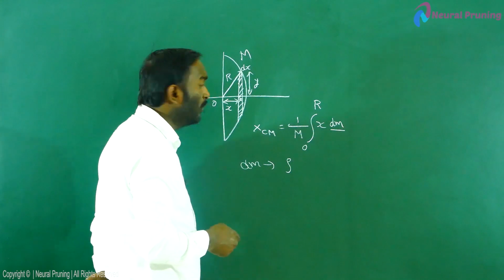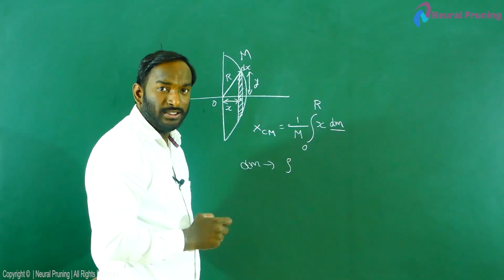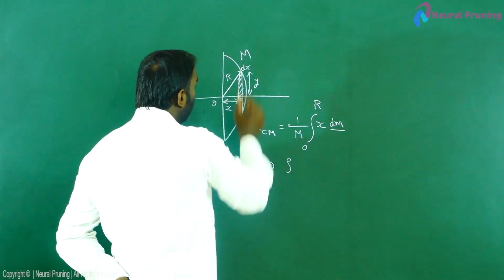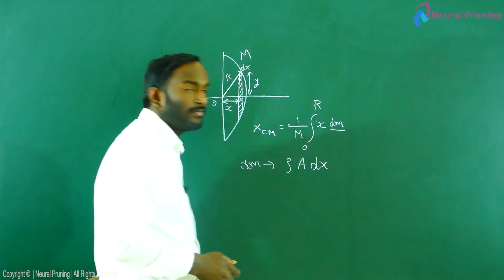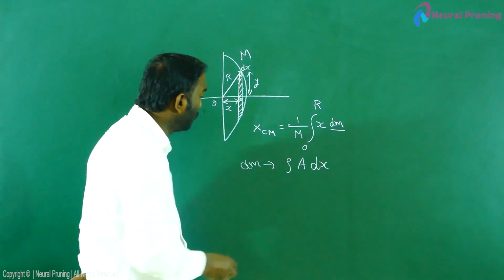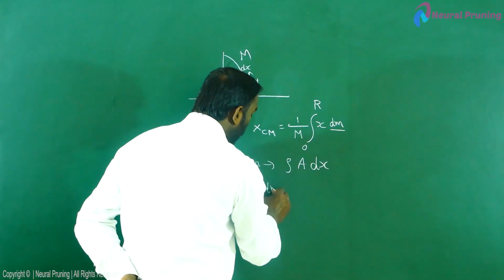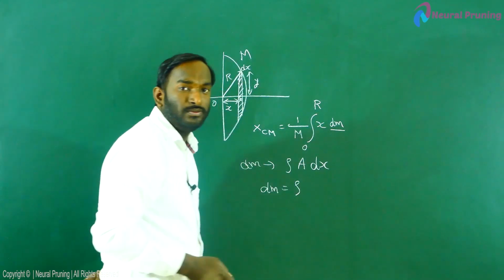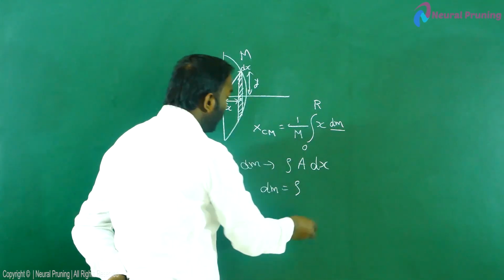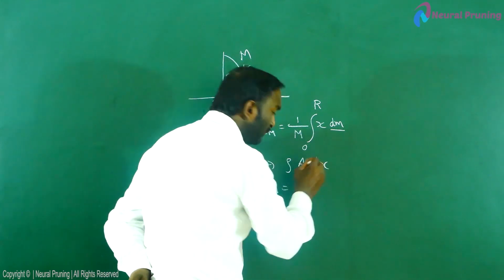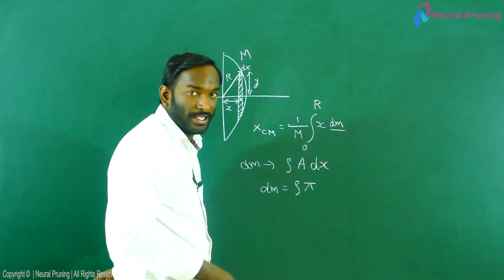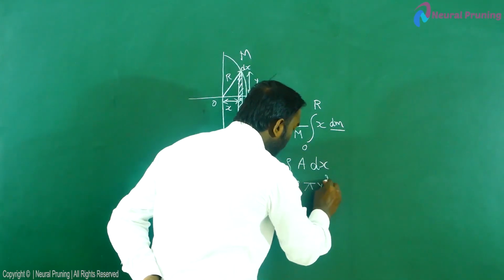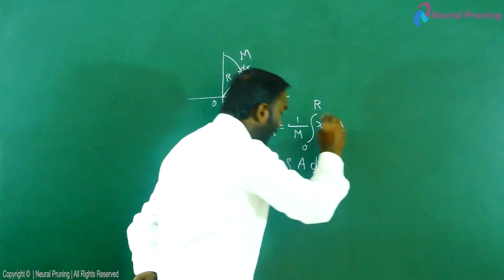Think again, volume is area into thickness. Area into dx. So dm is equal to rho into, what's the area of the disk? Pi r square, but the radius is y. Pi into y square into dx.